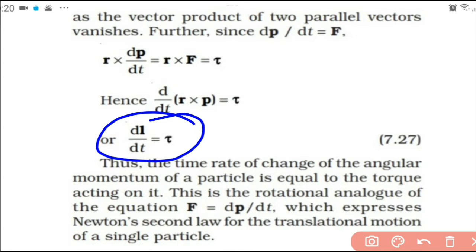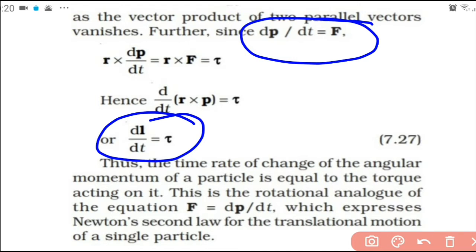So this is a very important expression, the relation between angular momentum and torque. Just like dp by dt equal to F in linear motion, we have dL by dt equal to tau. Already we have said that analogous to p, we have L, the angular momentum in rotational motion, and analogous to force, we have torque in rotational motion.